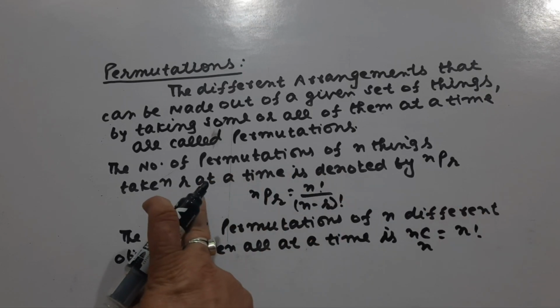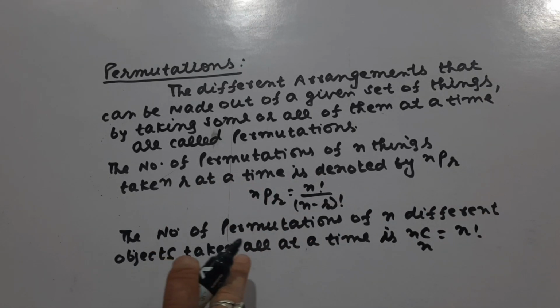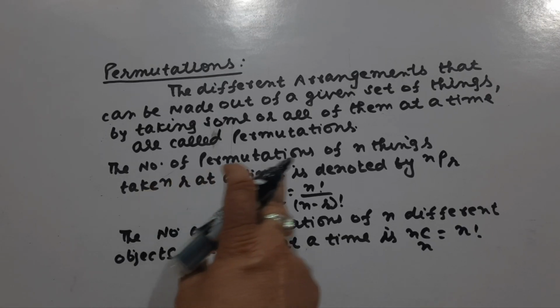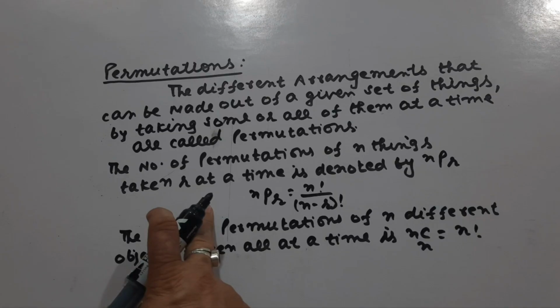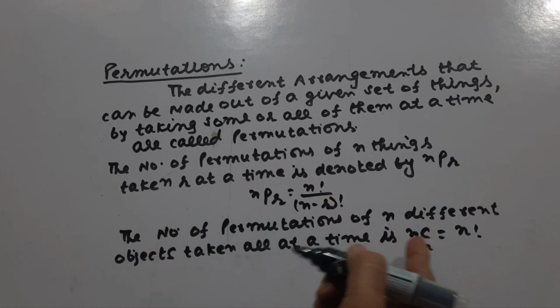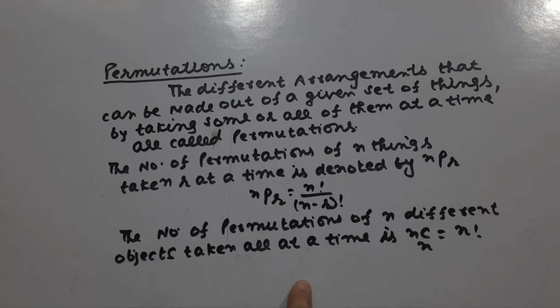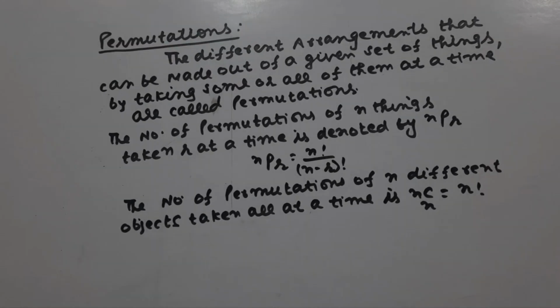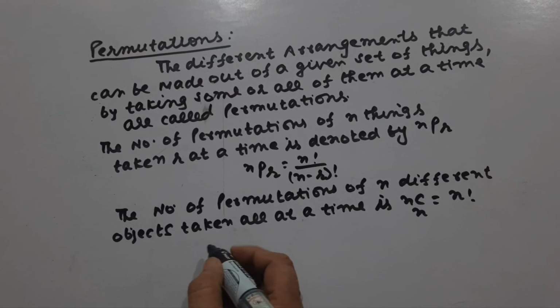So here we are taking r at a time, and here we are taking all at a time. So when the number of permutations of n things taken r at a time, then it is nPr, and the number of permutations of n different things taken all at a time is nPn, and this is equal to n factorial, right?